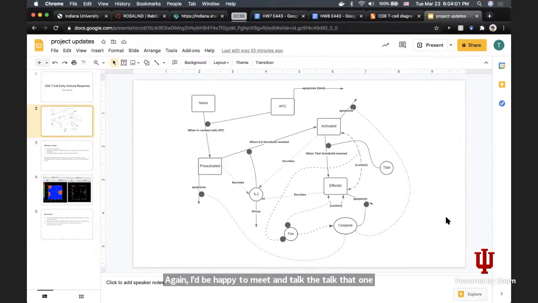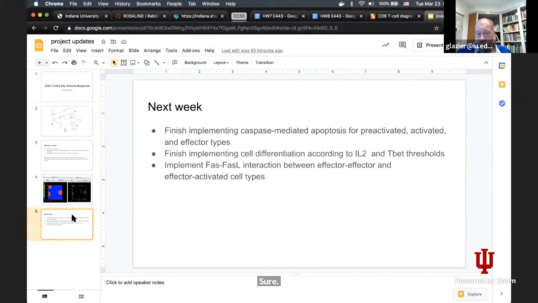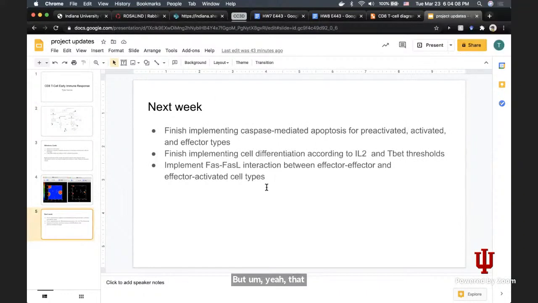Sure. But yeah, my main focus is correcting the IL-2 field and getting that working properly. That's my main priority for this week, and then everything else should fall in line with that. And that's pretty much all my updates for this week.